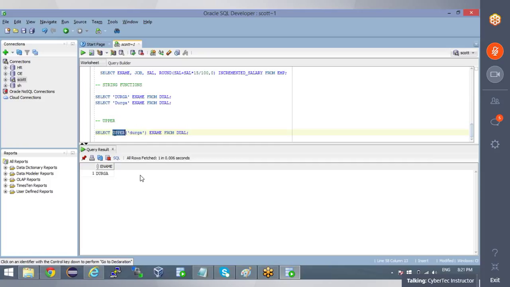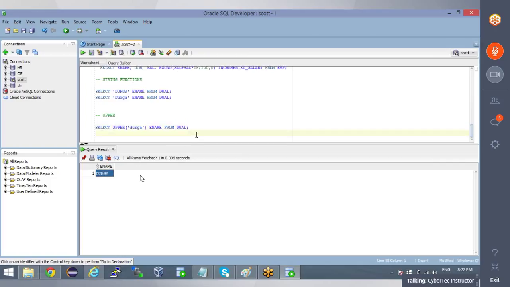But when I used this upper string function, it has generated a value in upper case. So whatever lowercase value you have represented within your query is seen in upper case in the output.